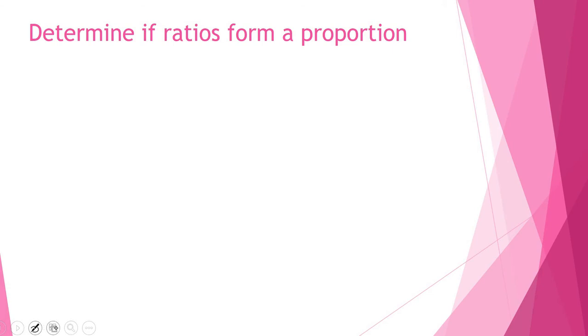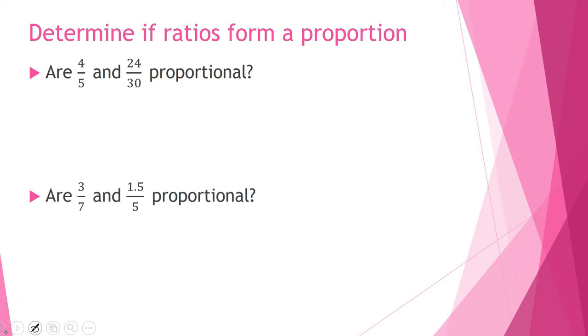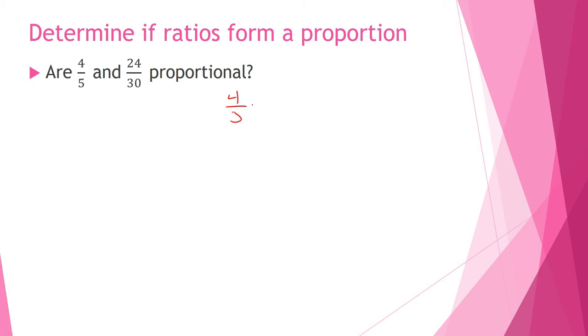Let's see. Determine if these two ratios form a proportion. Here's the first. Are 4/5 and 24/30 proportional? To determine if they're a proportion, we set them equal to each other, and we try to decide whether or not they are. I know that you all know cross product, but let's look at this first a different way.